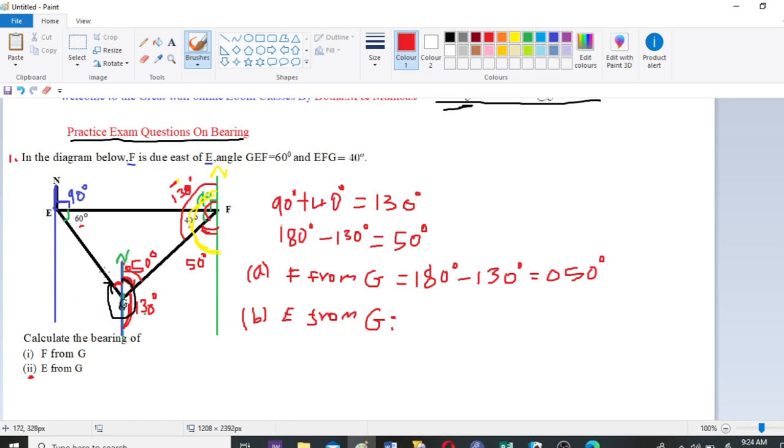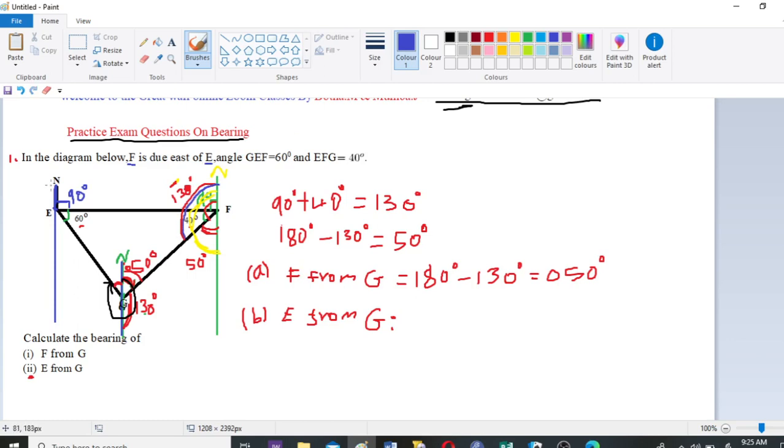So how am I going to do that? Well, there are so many ways you can do that. But the simplest one I'm going to show is the one we previously used, the knowledge that we used in the first question when we got 130 after adding.